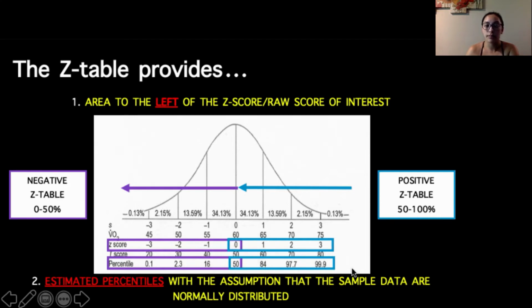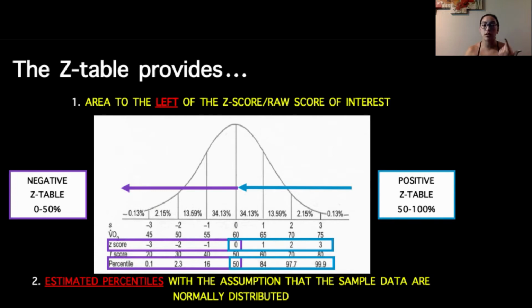Okay? I want you to note also we use z-tables when we're estimating percentiles. We say they're estimated because we are assuming that the sample data are normally distributed. So when we calculate percentiles in various other ways next week, those ways are going to be exact percentiles because we're using all of the data that we have collected in its rawest form. Estimated percentiles because we're using the mean and standard deviation.